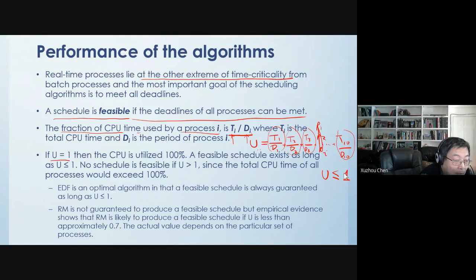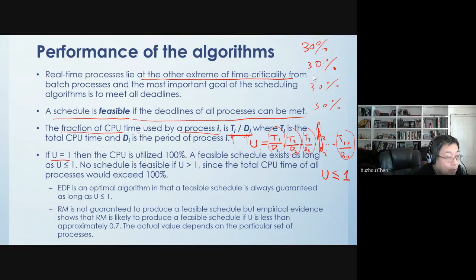Because all the fractions added together can never exceed 100%. If process 1 uses 30% of CPU, process 2 uses 30%, process 3 uses 30%, and process 4 uses 30%, that's not possible, because when you add all these together, you have 120%.